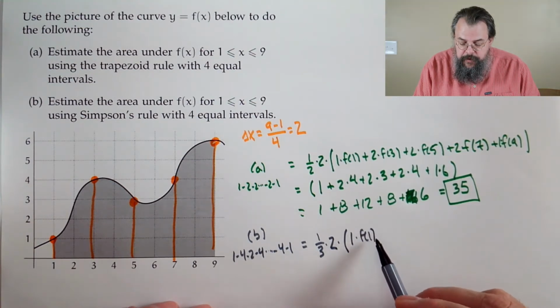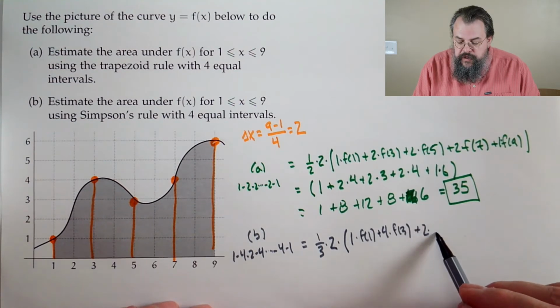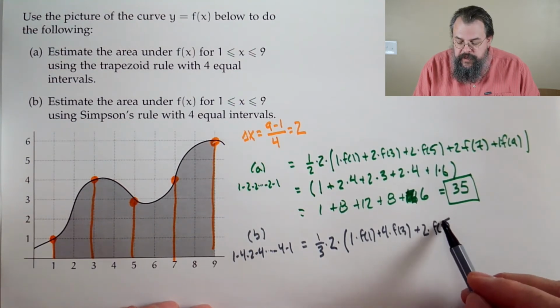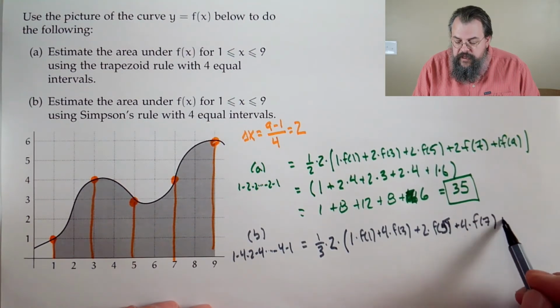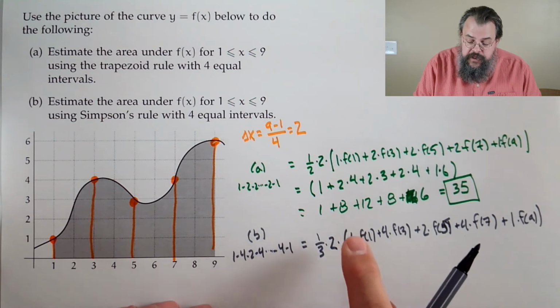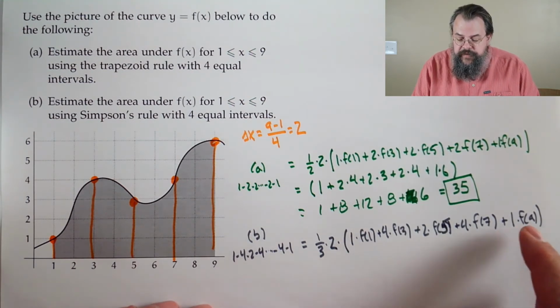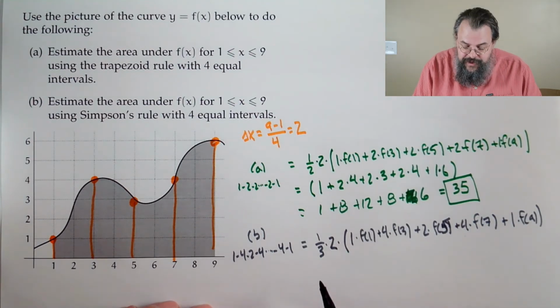1 times f of 1, 4 times f of 3, 2 times f of 5, 4 times f of 7, and back to 1 at the end, f of 9. And we actually know these numbers, f of 1, f of 3, f of 5, f of 7, f of 9. It's the same numbers that we saw there. So what do we have? That's 2/3.